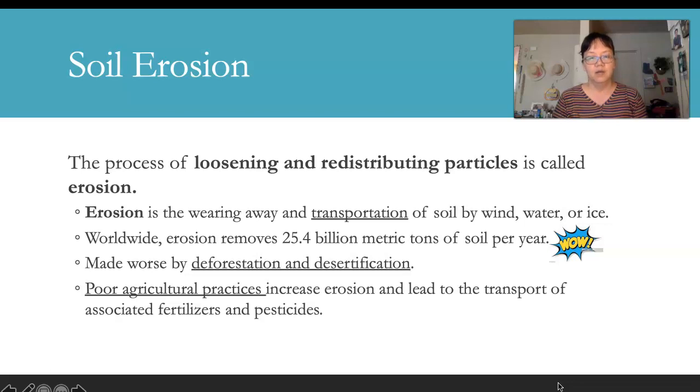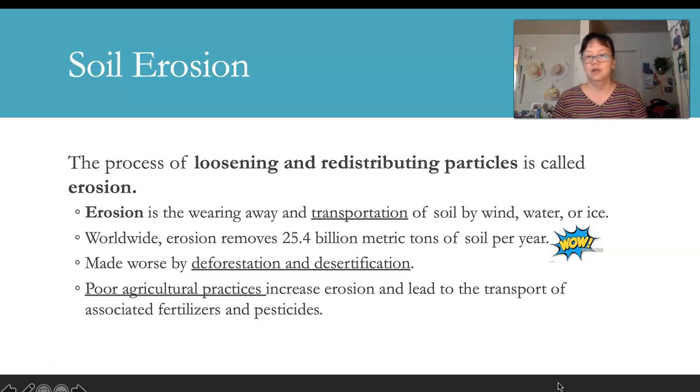Worldwide, erosion removes 25 billion tons of soil per year. That equals about 1.5 to 2 billion cubic meters of soil per year.